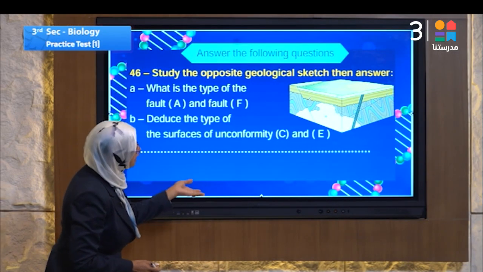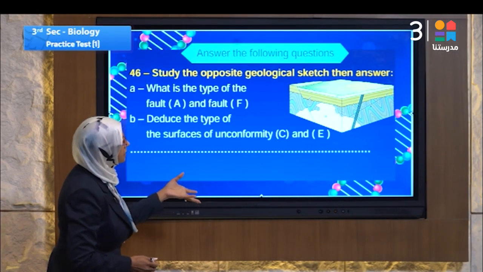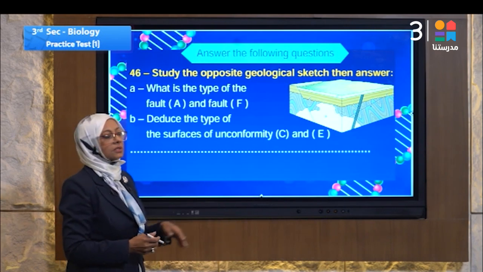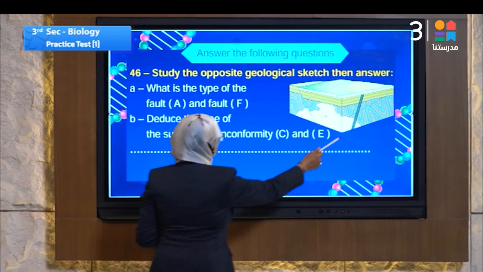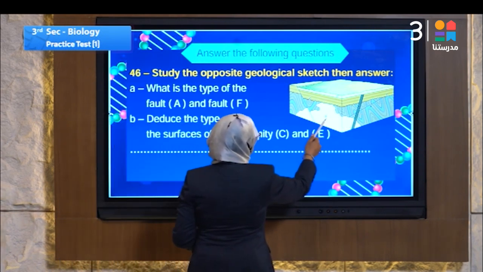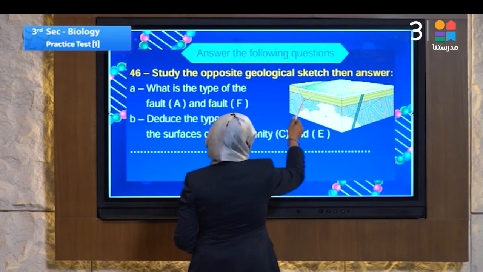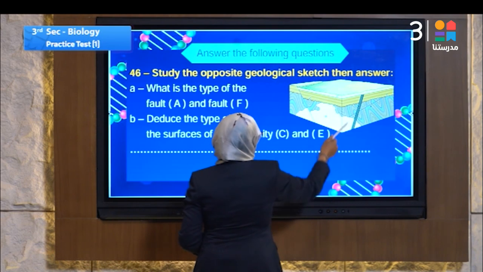When we see this figure, it has many letters: A, B, C, and the others, E, F, and D.